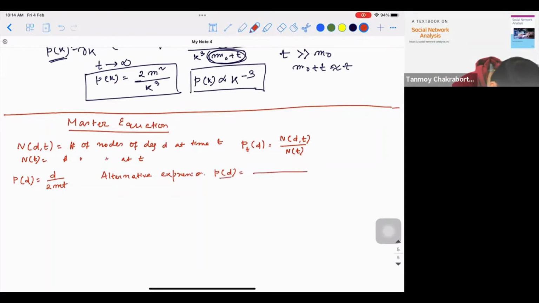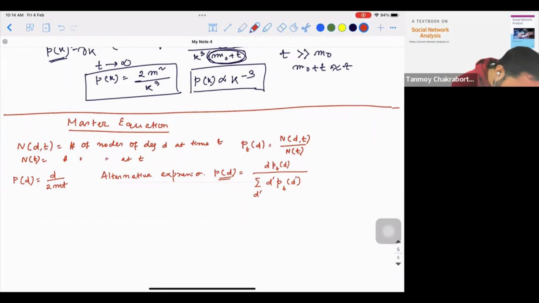So P of t d, I am writing in this way, is the sum of degree contributions, P of t d, for all d, right? And the contribution of that particular degree, let's call it d dash.